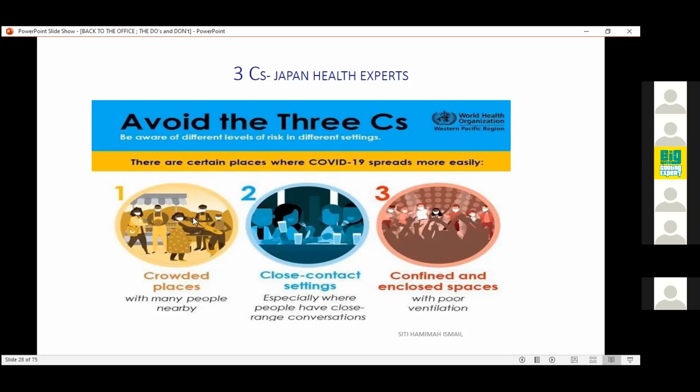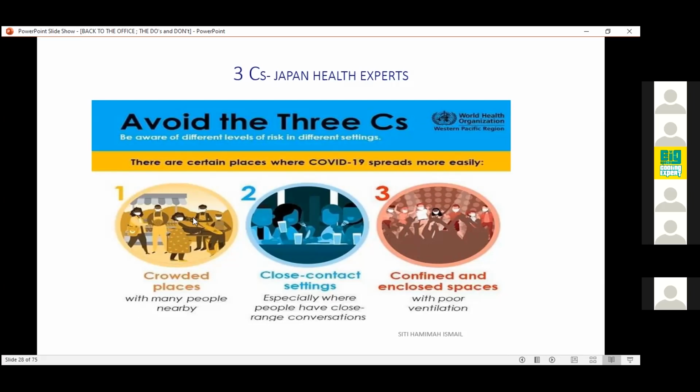Tolonglah follow sebab semalam ke I pergi grocery store. Stated dekat depan tu 5 minimum visitors at one time. Tapi bila I tengok dekat muka pintu tu dah lebih daripada 12. So I memang tak masuk sebab I tahu there is a crowded places. Okay, kalau boleh as a person we need to have that awareness lah.